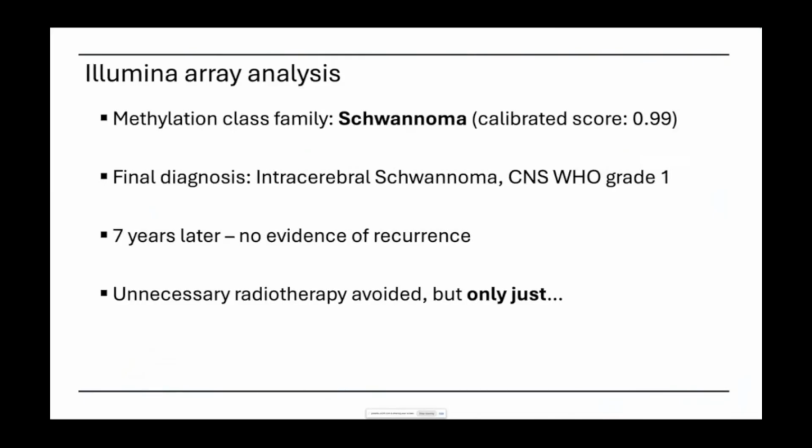An intracerebral schwannoma that's a low-grade tumour that was surgically treatable and, in fact, had been surgically treated as a consequence of the removal of the tumour. And 7 years later, there was no evidence of recurrence in that patient. Obviously, that's fabulous for the patient, but critically, it meant that unnecessary radiotherapy had been avoided, but only just.